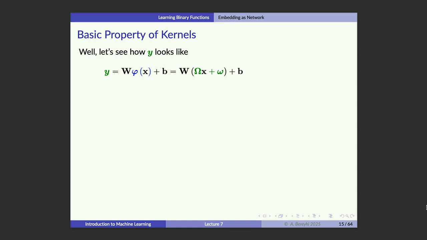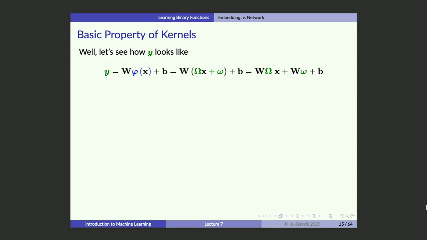Now, if I do a bit of multiplication and summation, I end up with this: W omega times x is one term, the second term is W times vector omega, and the last term is the bias. Everybody's cool? Nothing specific, just linear transform, right?